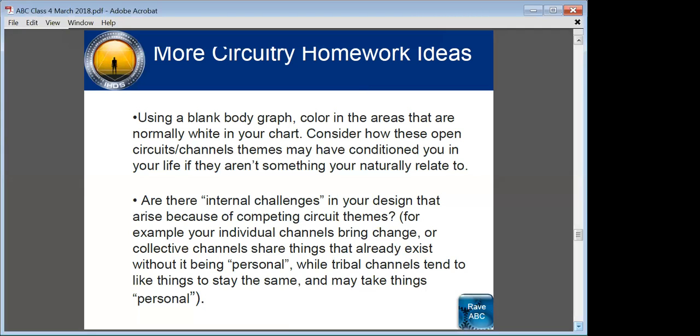So that's kind of a conflict when I get into conditioning with tribal channels, because the tribal channels always come from the outside for me. Those are things I'm always conditioned by, and they can be quite personal. And again, it's not consistently reliable for me to be doing things that people would take personally. It's not intended to be personal.